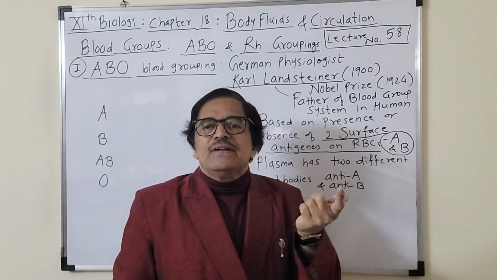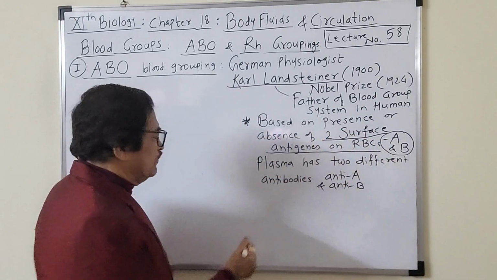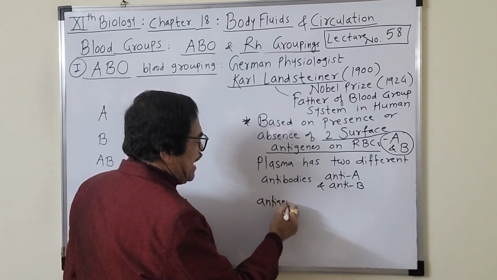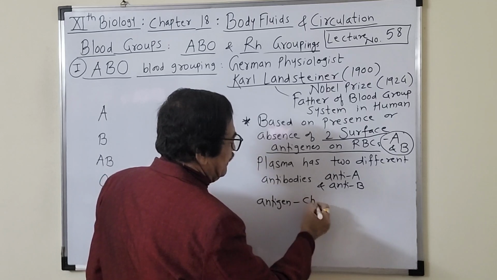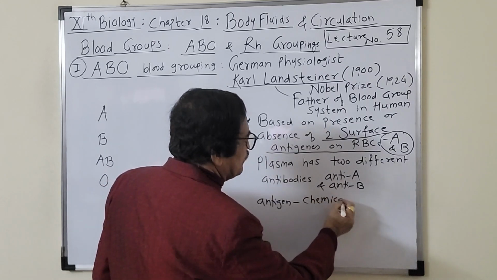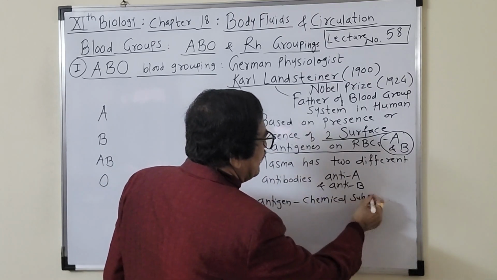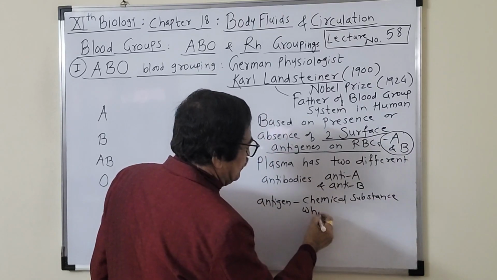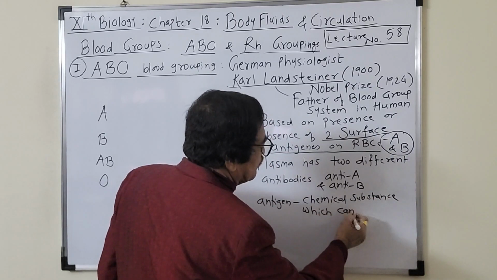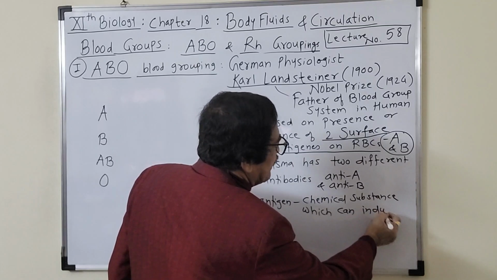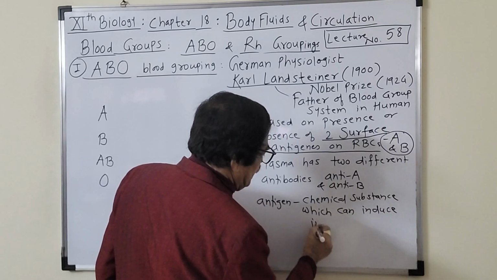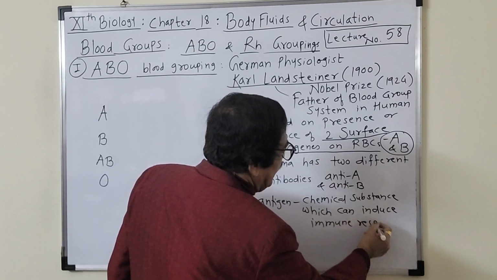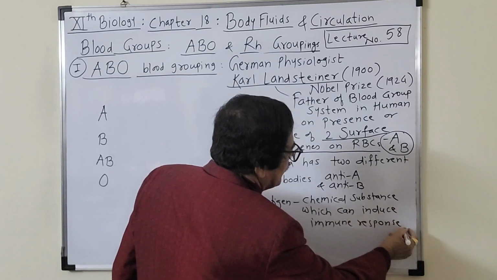Now what is an antigen? In the immune system you must have studied this word. Antigen is that chemical substance which can induce an immune response. उसे कहेंगे एंटीजीन.